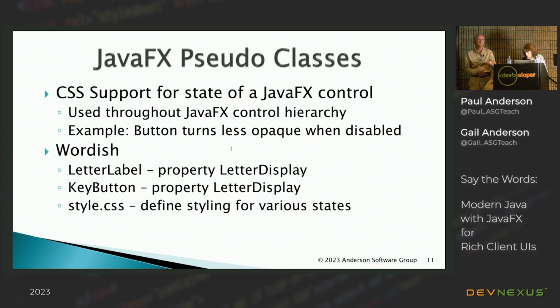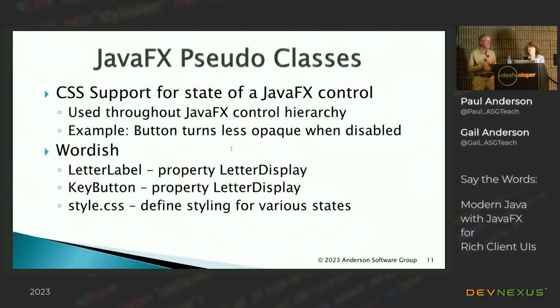Okay, let's talk about some CSS styling now. We've got some interesting things going on in this app. JavaFX has something called pseudo classes, and what these do is it's actually part of the whole JavaFX control hierarchy. But what we can do is when a button turns less opaque, instead of being brighter, it gets more dim. You can have CSS styling automatically applied if you use these pseudo classes in JavaFX.